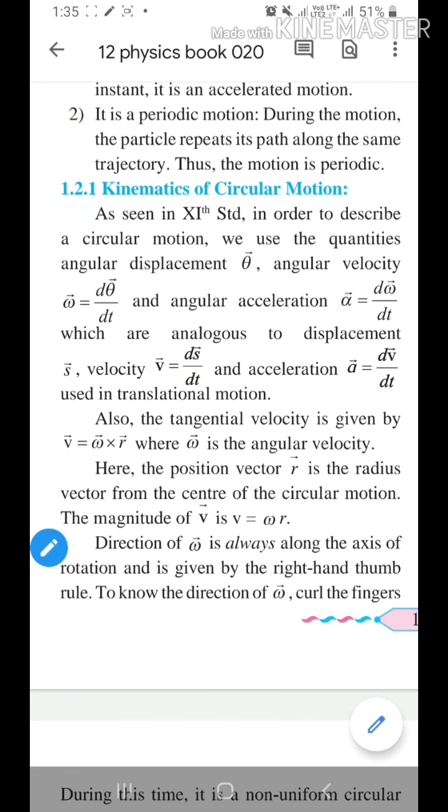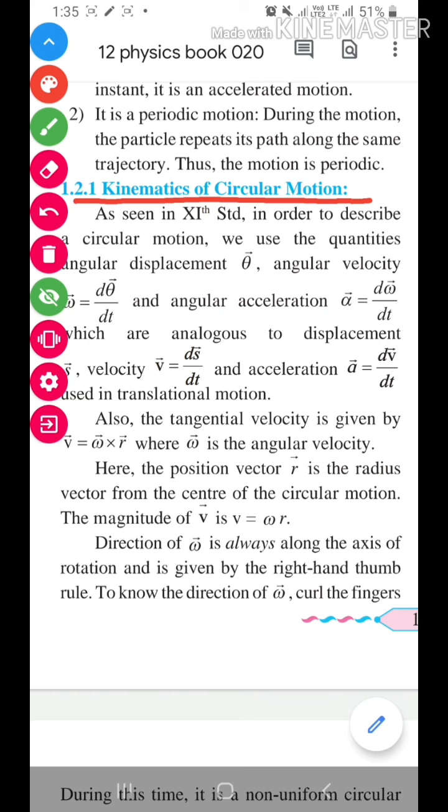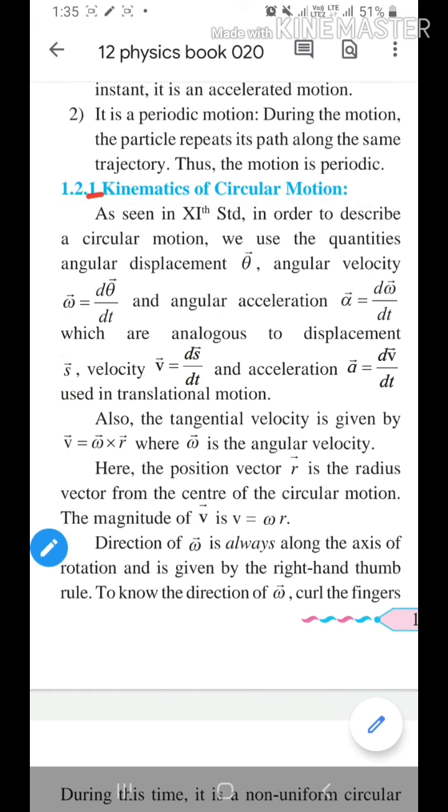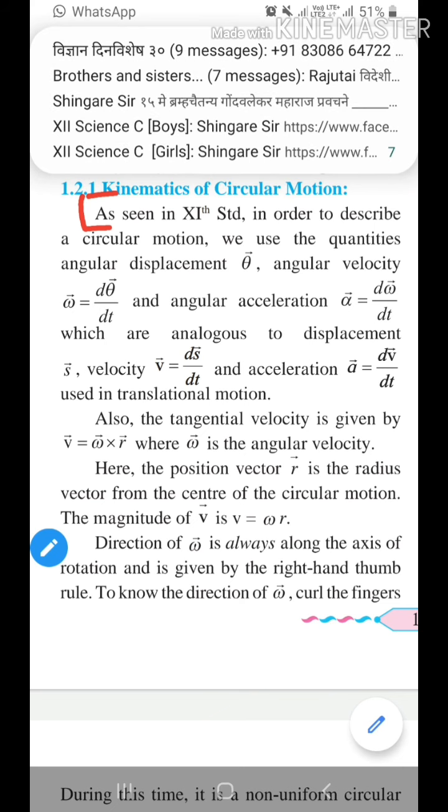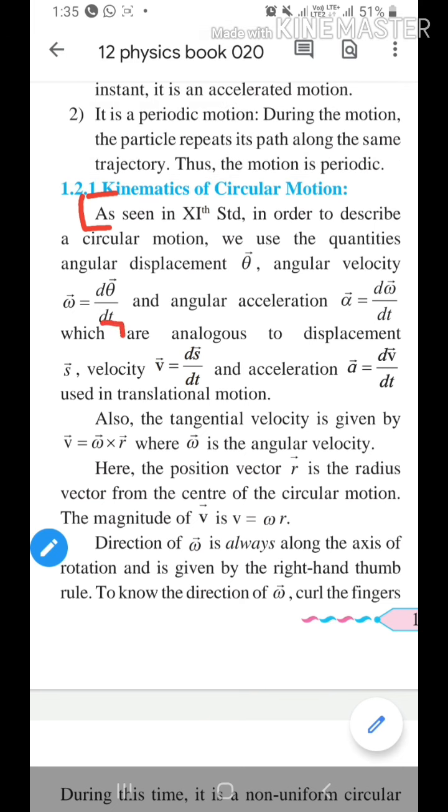Our today's point is the kinematics of circular motion, shown here. In the first bracket, the quantities from circular motion are shown, and these are angular displacement theta bar, angular velocity omega bar, and angular acceleration alpha bar.